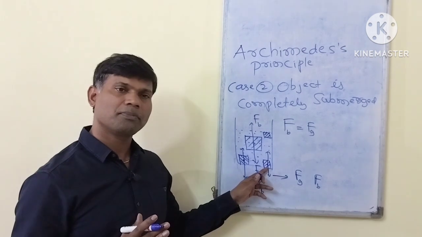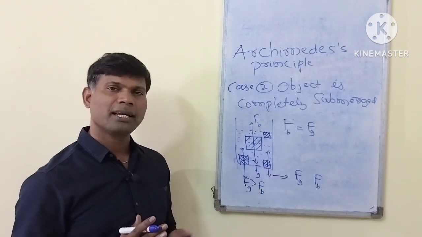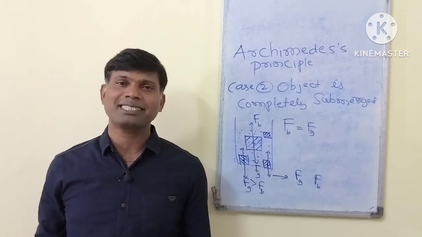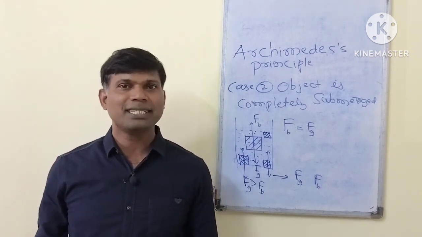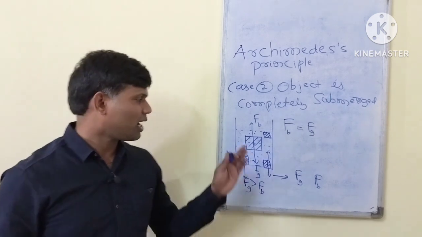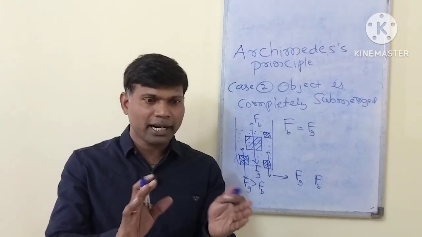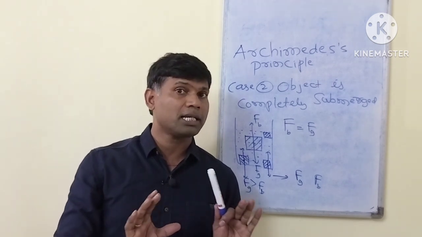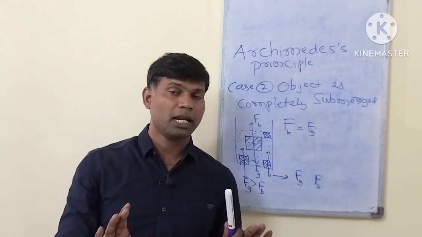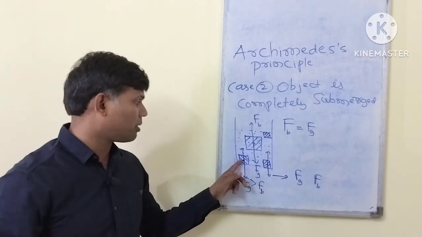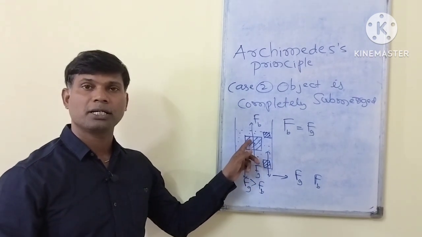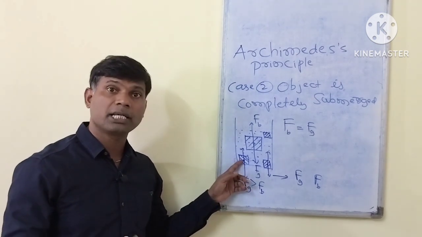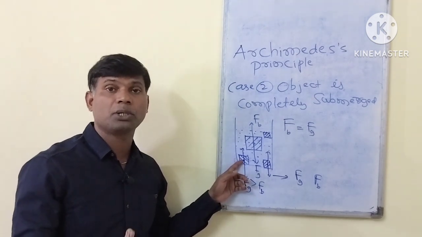At this position it should be the same because the object is the same, the fluid is the same. It is not going downward in front of your eyes. Wherever you keep it inside, it is completely submerged. Here also it is completely submerged, here also completely submerged. But the difference between this and this is, we don't know whether Fg is greater than Fb or Fg equals Fb.